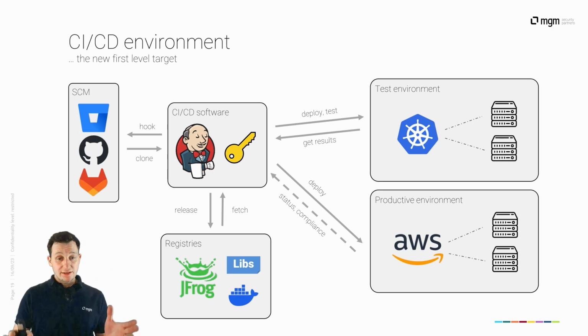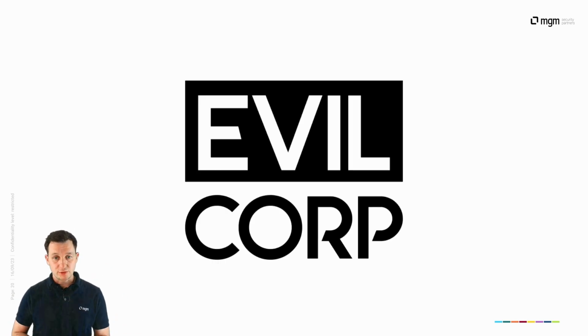So on the one hand, we had Normal Corp, and on the other hand, there's Evil Corp. Let's imagine Evil Corp seems to be an Eastern European hacker community or group of hackers that want to create the most harm possible for European companies.